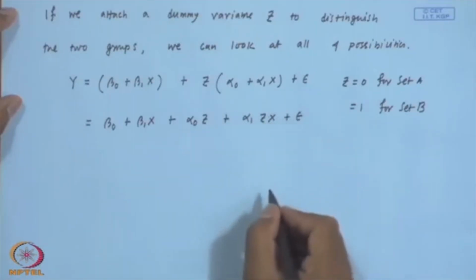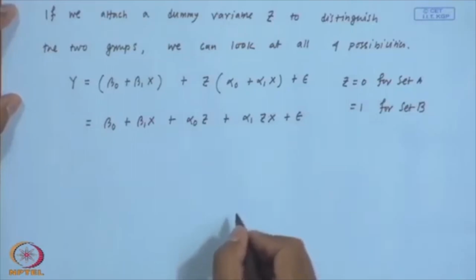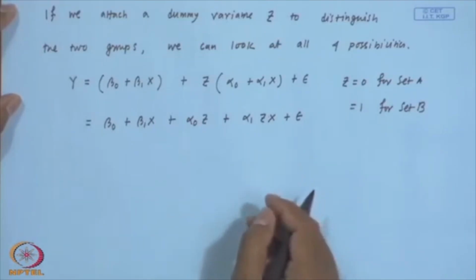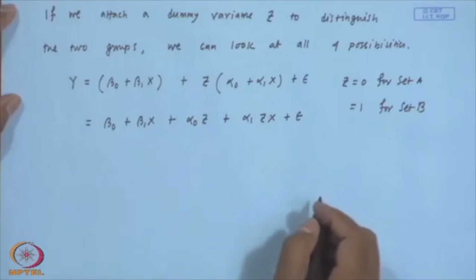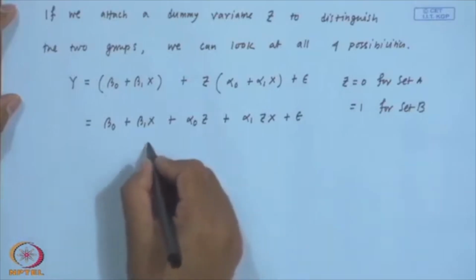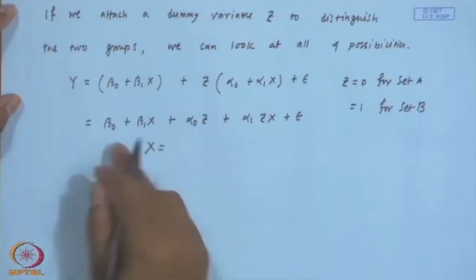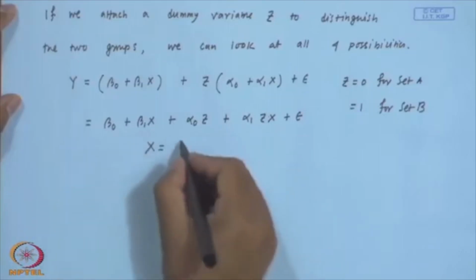So, this is the model we are going to fit, and you can see that it is a multiple linear regression model. What is the X matrix here? The X matrix has 4 columns.